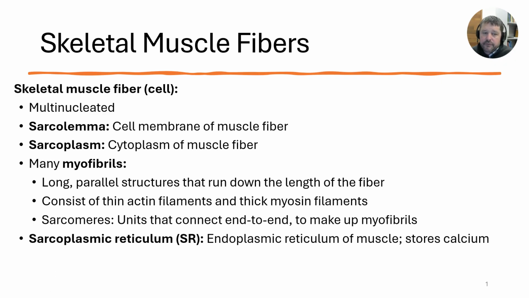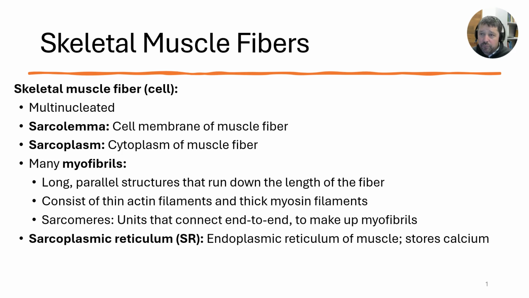And then associated with that is going to be its own endoplasmic reticulum. Remember when we were talking about cells, we talked about endoplasmic reticulum. We talked about the rough endoplasmic reticulum, which is associated with ribosomes and the site where proteins are being made.